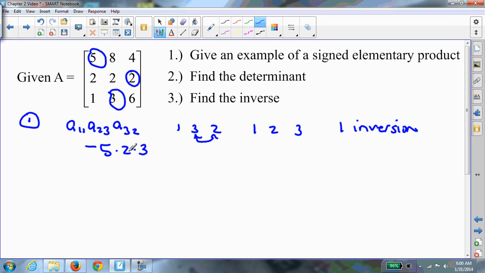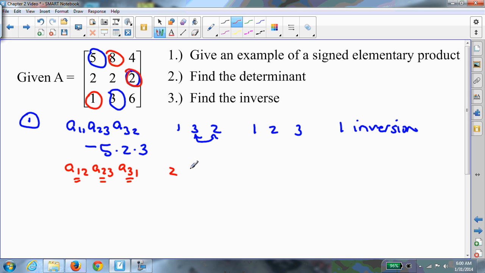Let me do another example. So let's say instead I pick the numbers 8, 2, and 1. Those come from different columns and different rows. So that order would be A row 1, column 2, A row 2, column 3, and A row 3, column 1. Again, the rows are in order, and I'm going to look at the number of inversions with the columns.